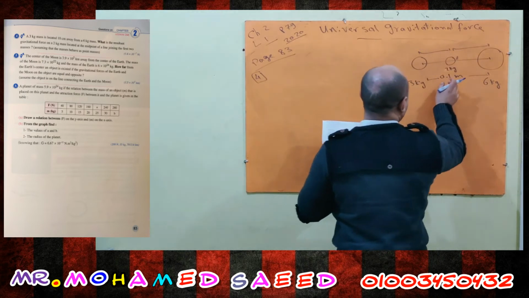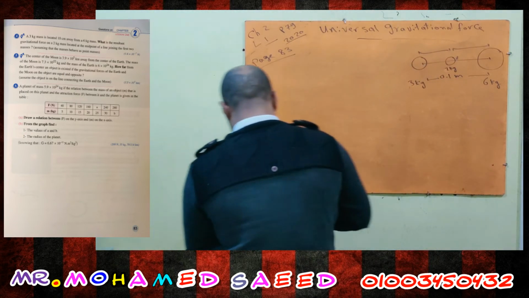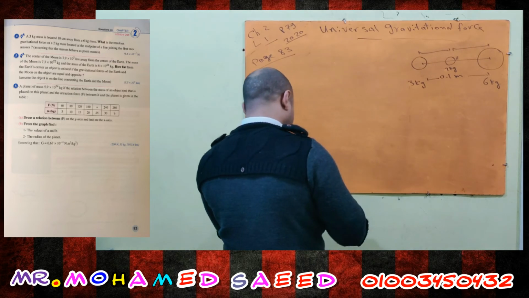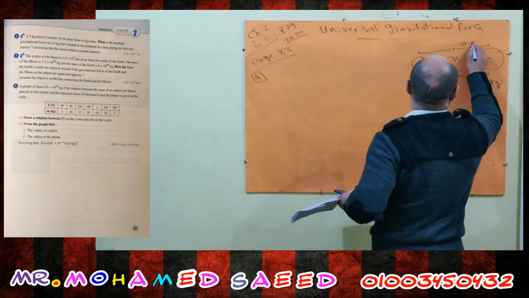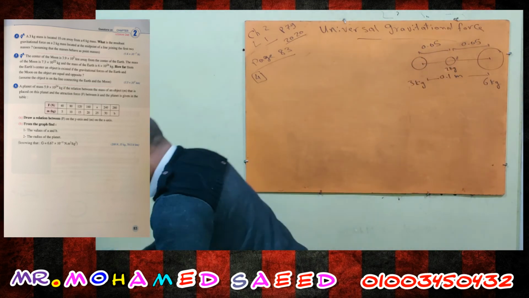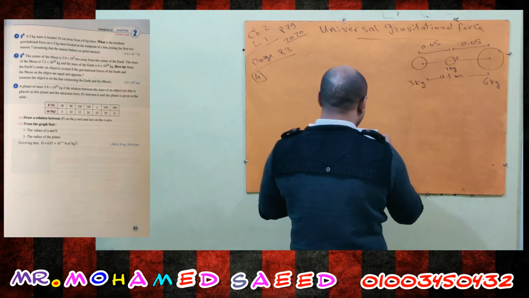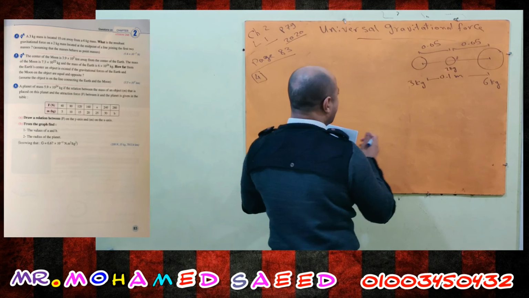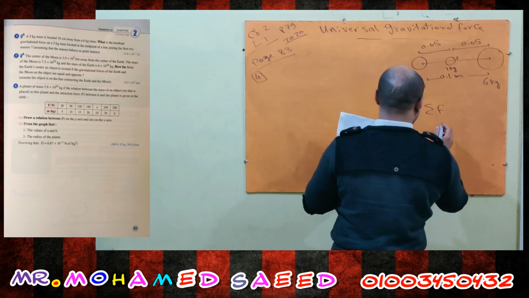So 0.1 over 2, 0.05. This distance 0.05 with this distance 0.05. The question says: what is the resultant gravitational force, summation F, on this body?